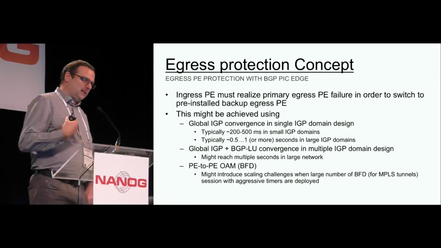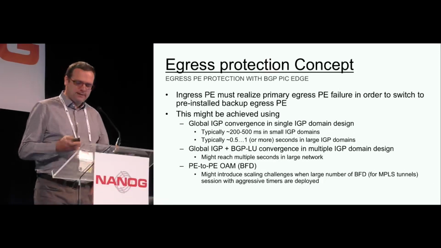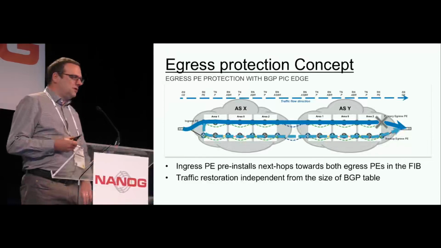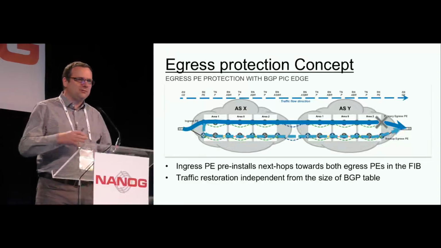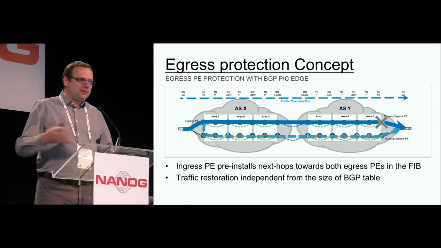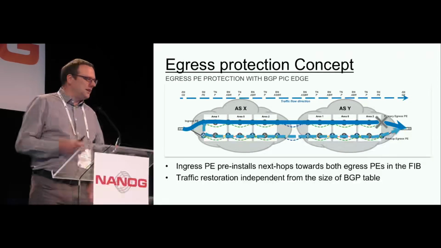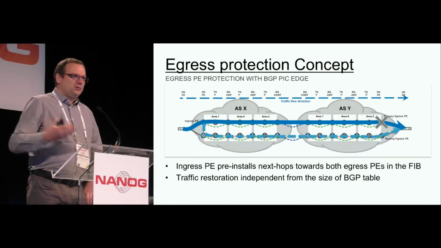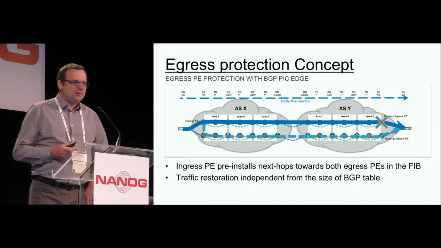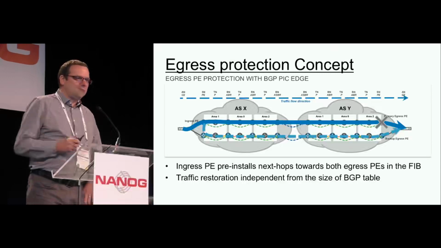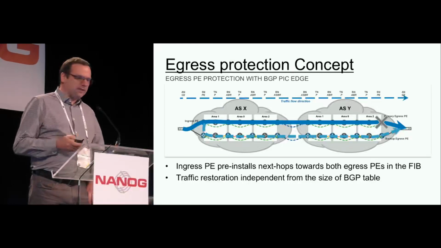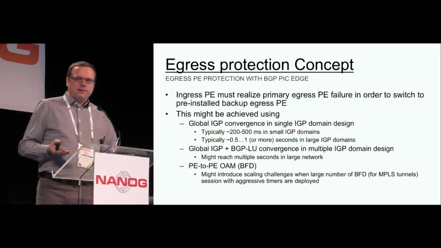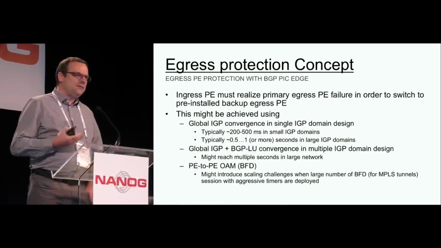Then you can expect even more convergence time if you have a network topology like here on the picture, where you have divided your network into domains, interconnected these domains with BGP labeled unicast to have an end-to-end LSP, etc. The information that the primary egress PE failed needs to cross many, many domains, and of course it takes some time. So it's not immediate. You can improve that by running BFD.